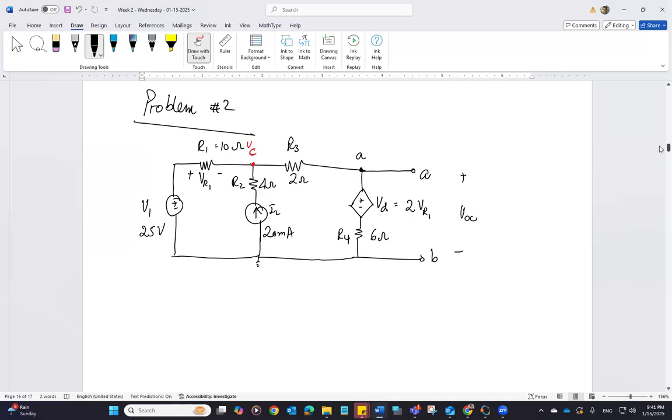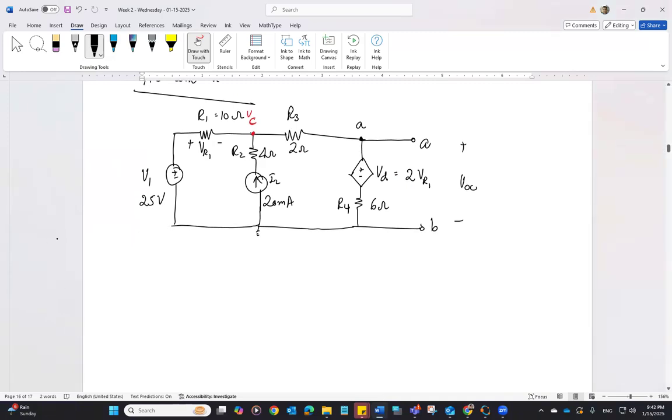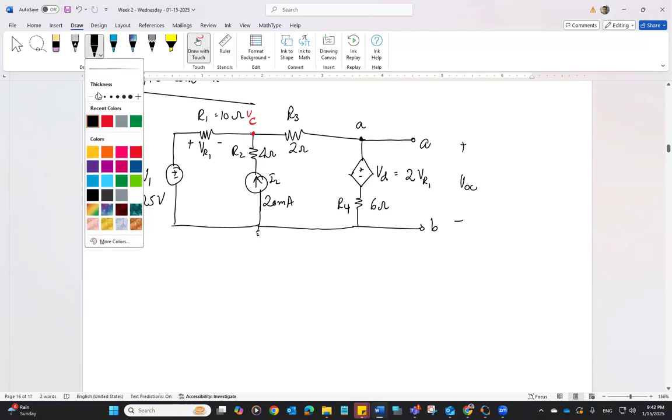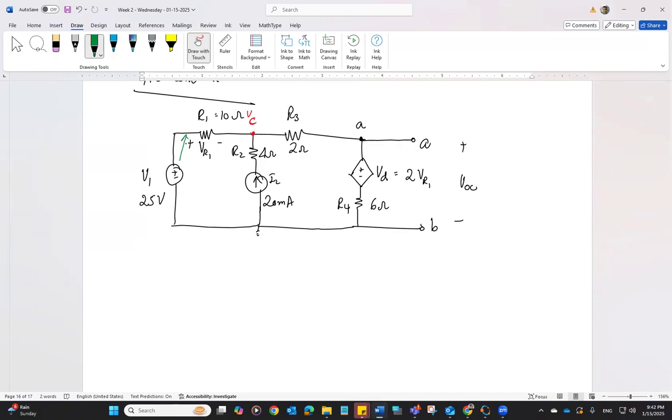So let's take different directions of current to apply nodal analysis. Let's assume our current is I1 here going towards node C, and this current is I2 already. And let's assume that this current is I3, since we have I1, I2, and I3.